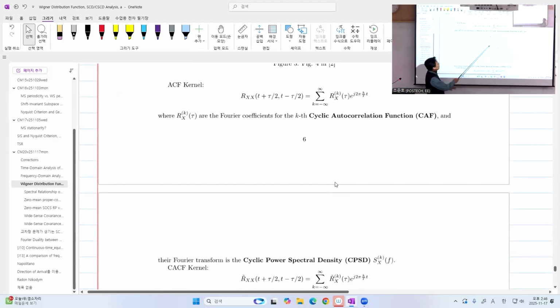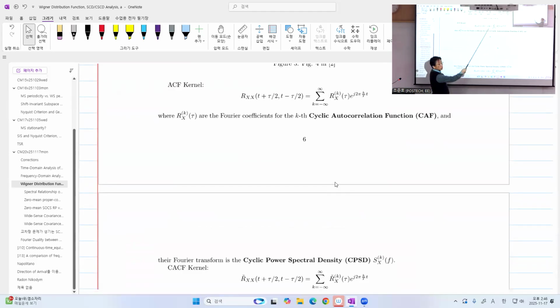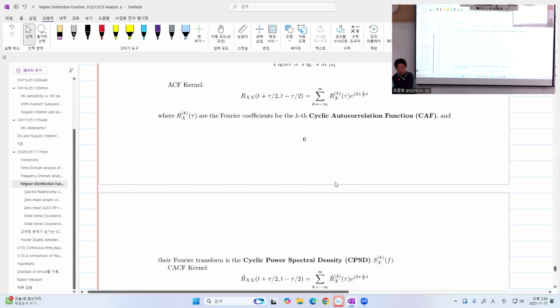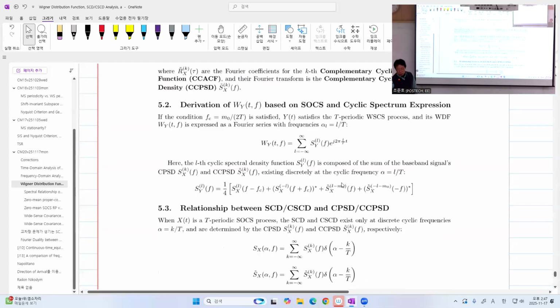You've seen something similar a lot, right? So from the periodicity of this function as a function of t, you have harmonics in T and Fourier coefficients. And this Fourier coefficient can be easily obtained by what? Just integrating the correlation between this kernel and e to the negative j2 pi kt over capital T during one period.